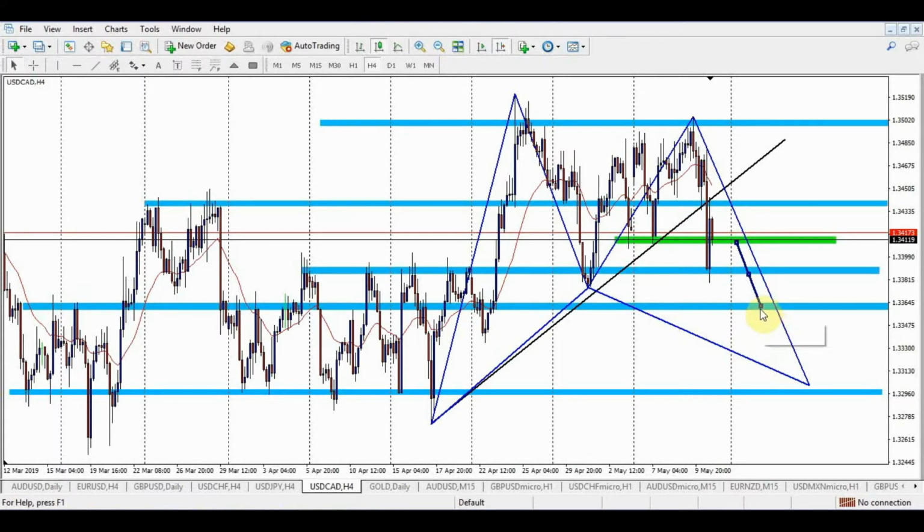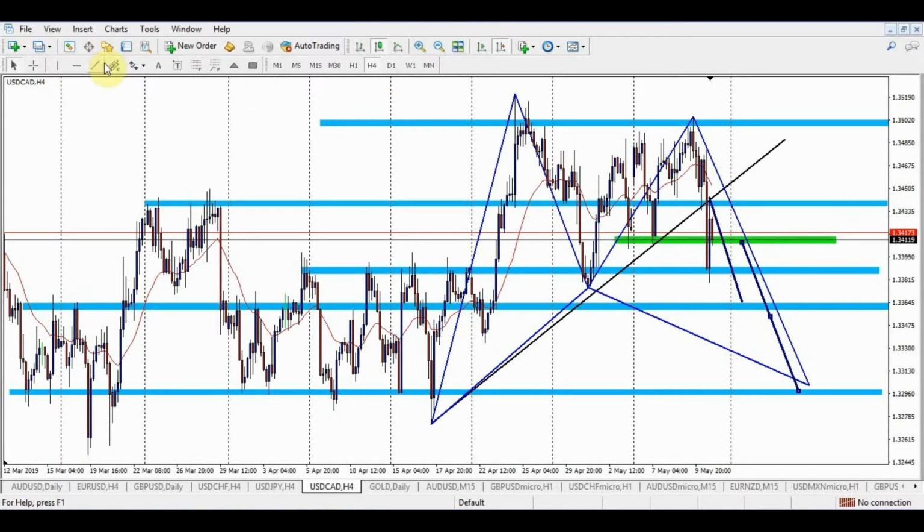So we're heading for the bottom of this pattern at the moment, as you can see. So maybe this is just, well, the breakout did happen here. Maybe this is just a retest of this trend line and this structure point here. So basically I'm looking for a sell trade inside this pair.